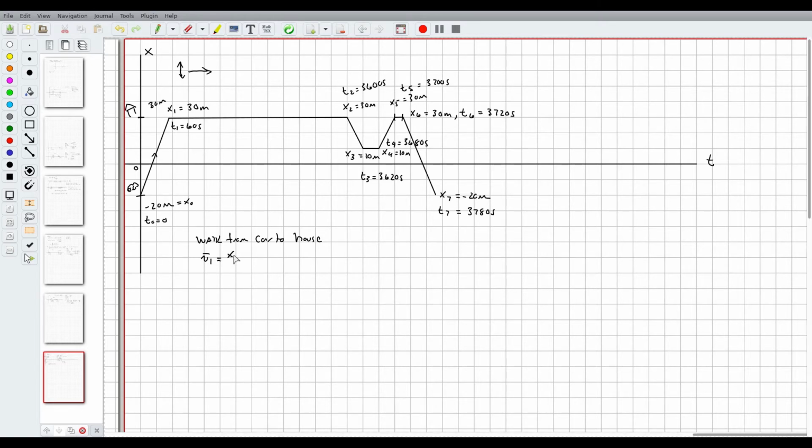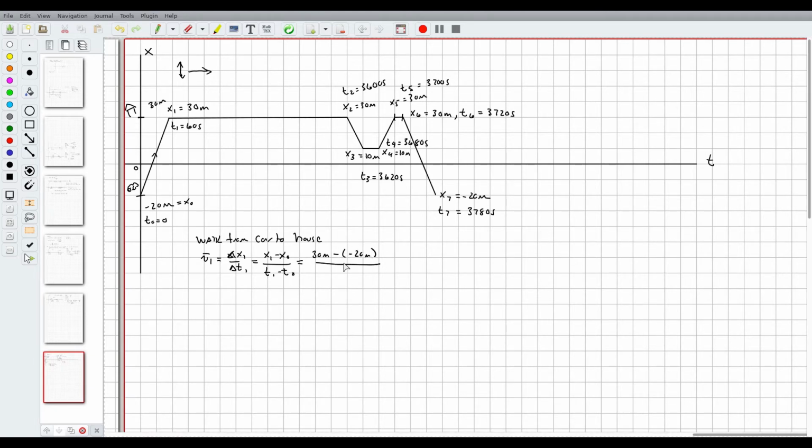That's delta x1 over delta t1. So that right there is going to be x1 minus x0 divided by t1 minus t0. Where did I end up? At 30 meters. Where did I start? Minus 20 meters.